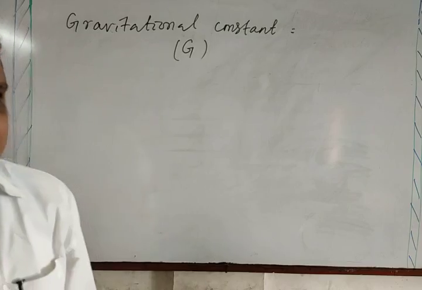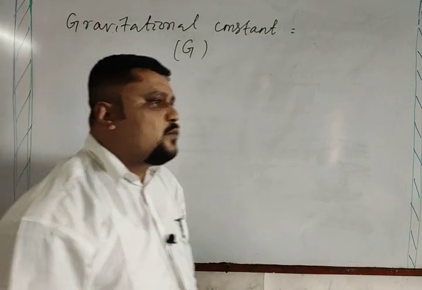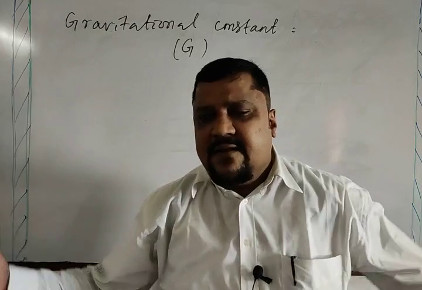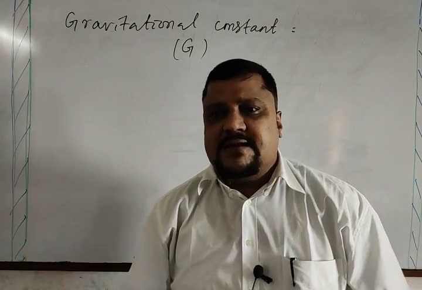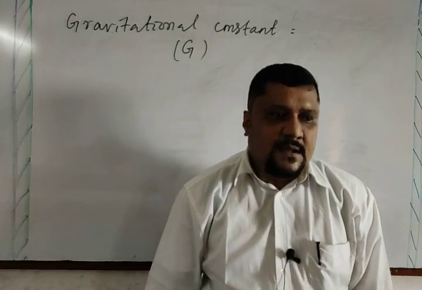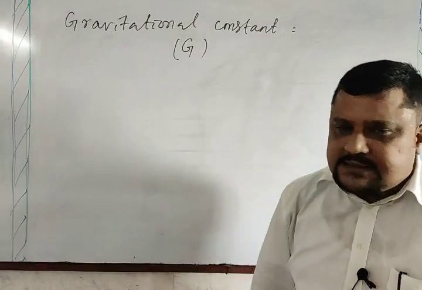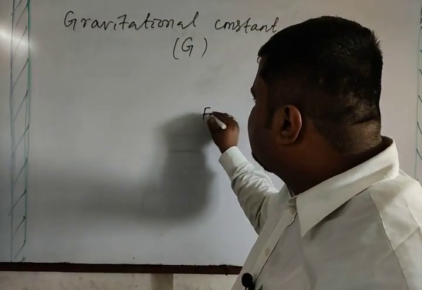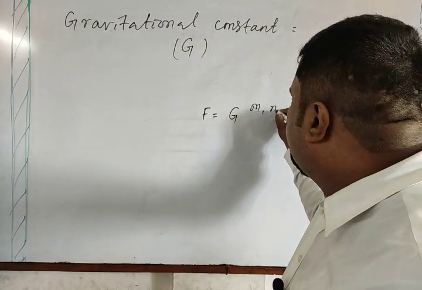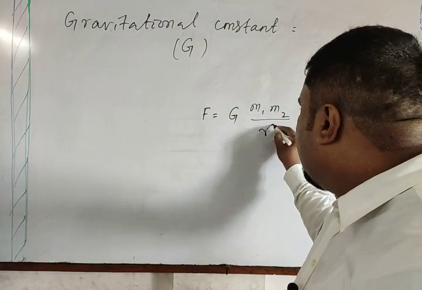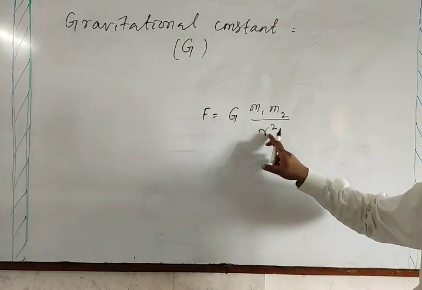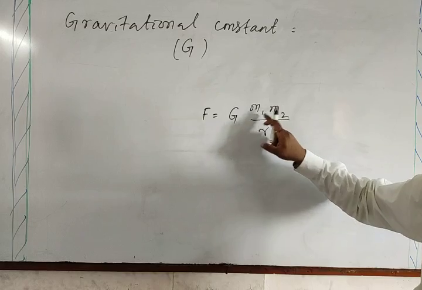If there are two massive bodies, according to Newton, two bodies having mass and separated by a distance, there is a force of attraction between the two bodies, given by a constant into the masses of the two bodies, suppose m1 and m2, by r square, distance square. So the force is inversely proportional to r square and proportional to the product of the masses.